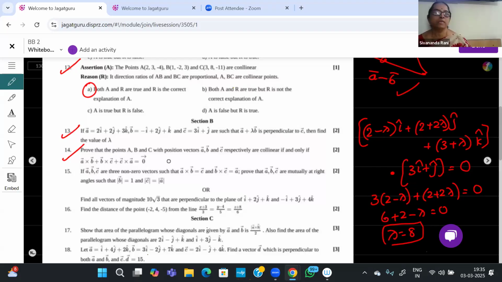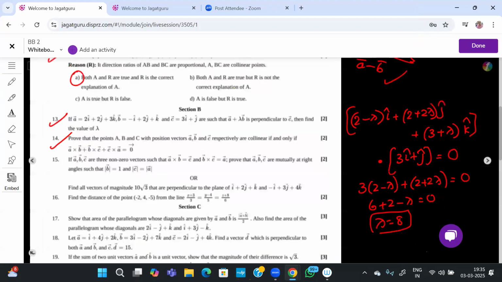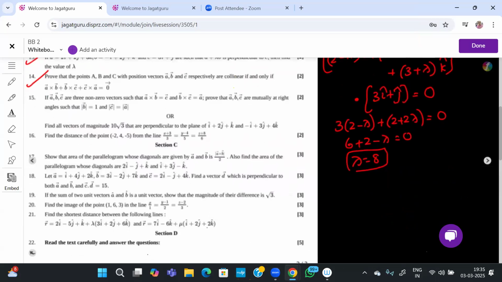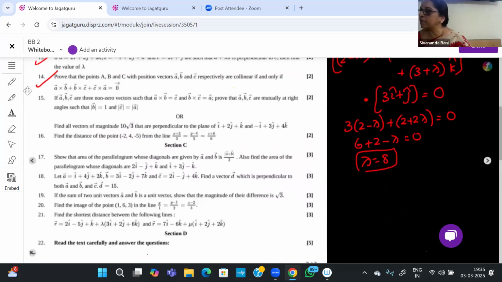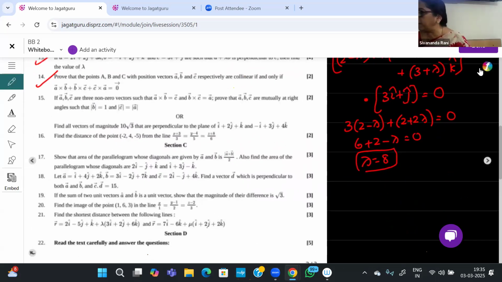Did anyone prove this? 14th one? Collinear means parallel, right, ma'am? So cross product will be 0. The points are collinear. So first of all, let's try and understand what he has given.